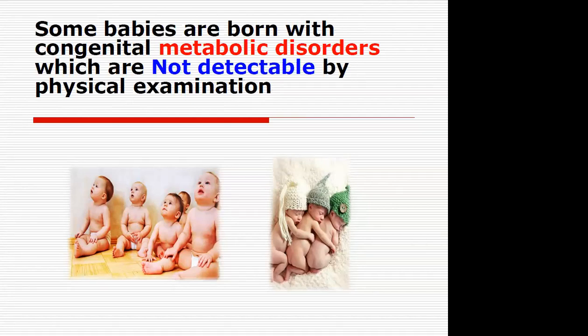For instance, phenylalanine is one of them. I think everybody knows about phenylketonuria, maybe the most famous metabolic disorder. In this disorder, the baby is not able to metabolize phenylalanine, which is one of the components of the proteins of mother's milk.